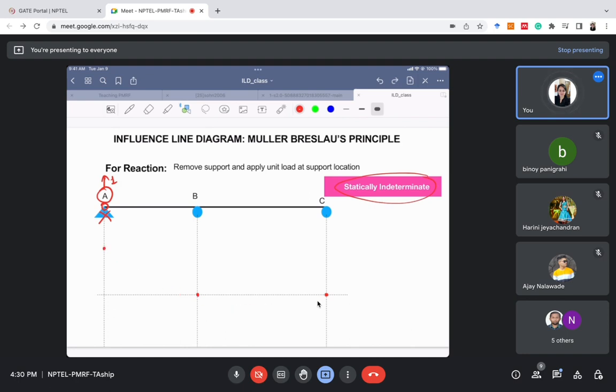It's not very straight. I've not drawn very good lines, but you're getting it, right? It will be some curved line. I'm just removing it for now. So this would be the deflected shape in this case. I hope you agree.